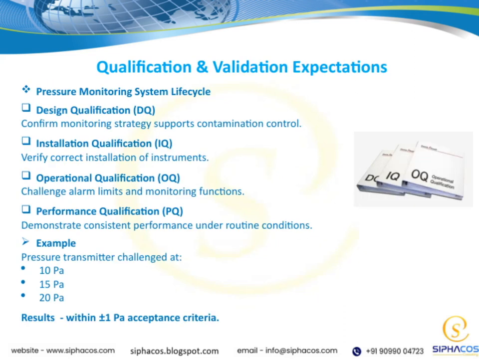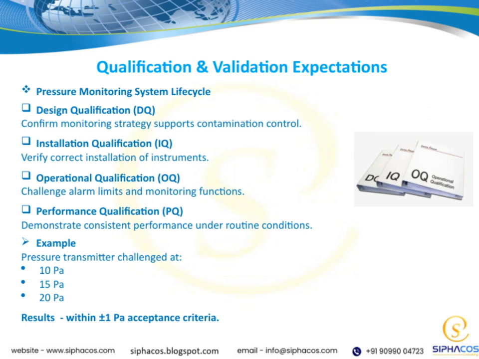When we talk about qualification and validation for a pressure monitoring system, we're looking at a clear life cycle. It starts with design qualification, making sure the monitoring strategy actually supports contamination control. Then, installation qualification, verifying the instruments are installed correctly.